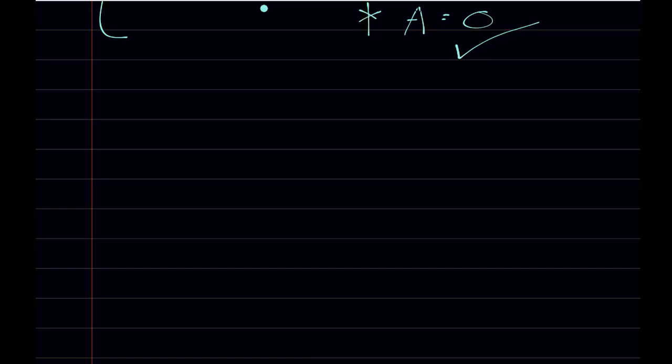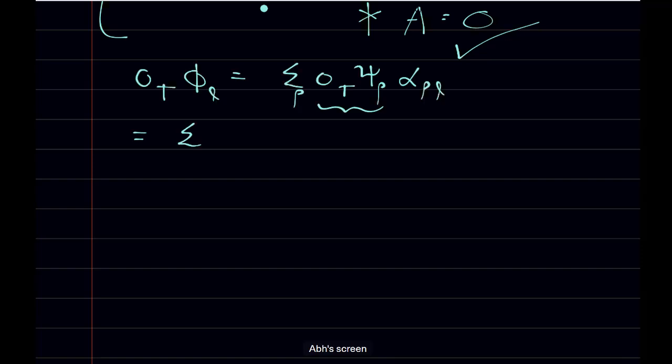When O of t acts on this, we know what we are going to get. There is a summation over rho, and then a summation over sigma, and we are going to get psi sigma Dn sigma rho of t.